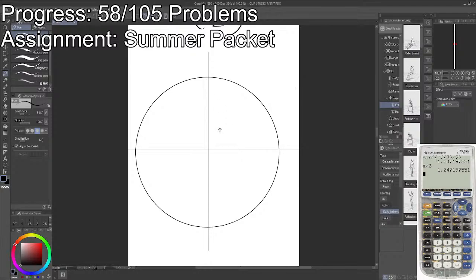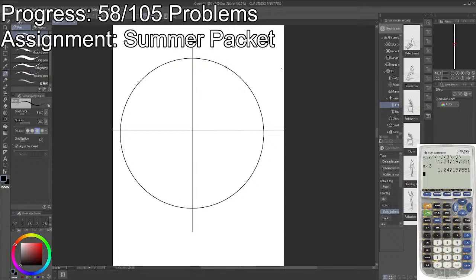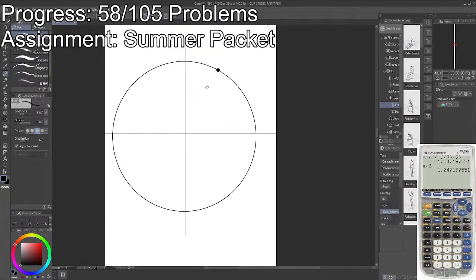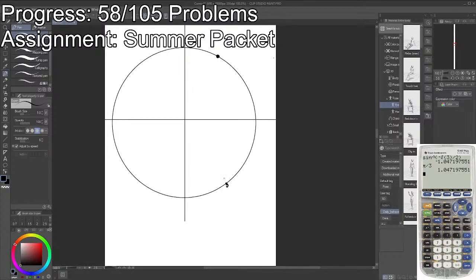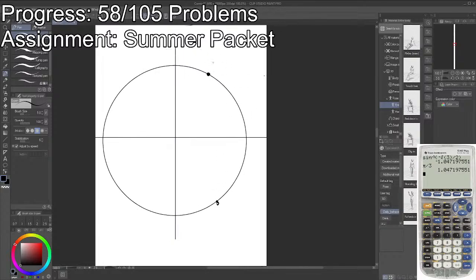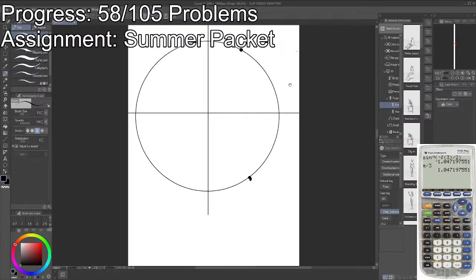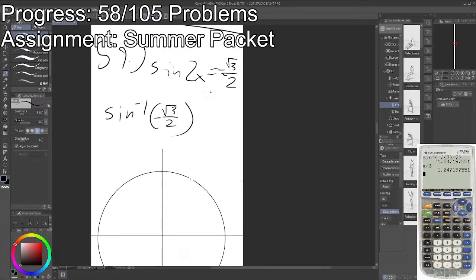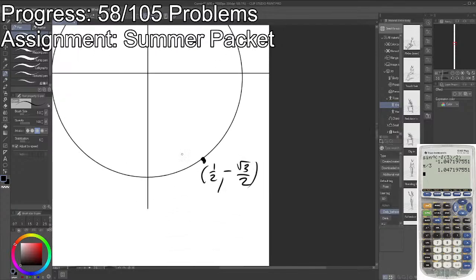Oh, okay, so since it's negative, it would normally be like here, which is half square root of 3 over 2. That's for positive, but you do the opposite this way. So I can get rid of this, and it gives half negative square root of 3 over 2. I didn't even have to do the inverse, it was right here. I could just use it.